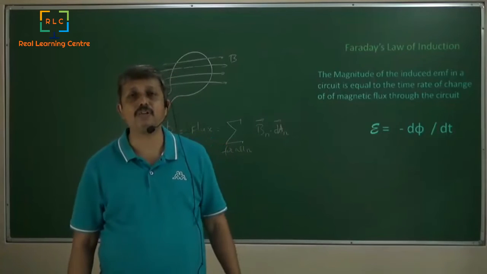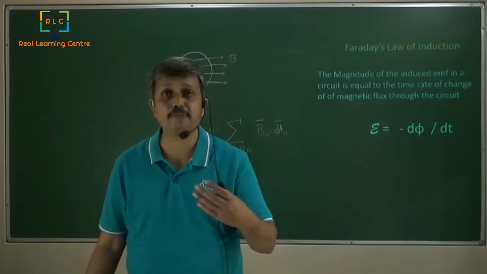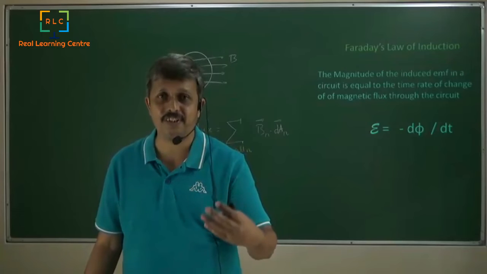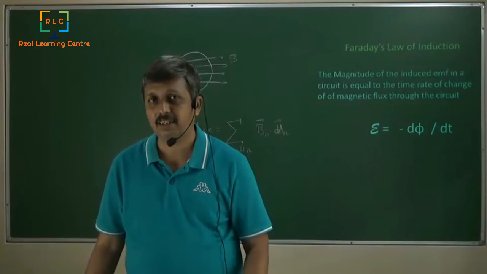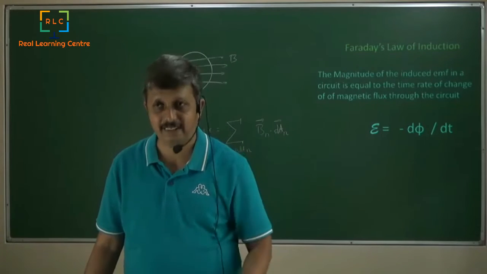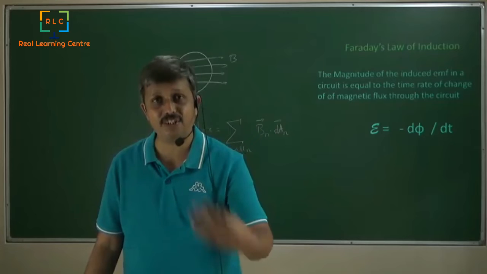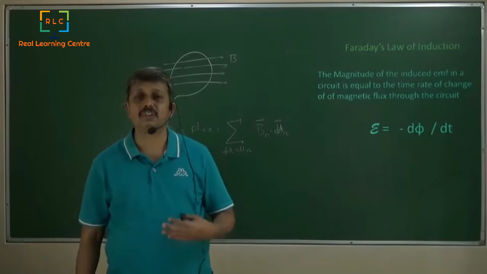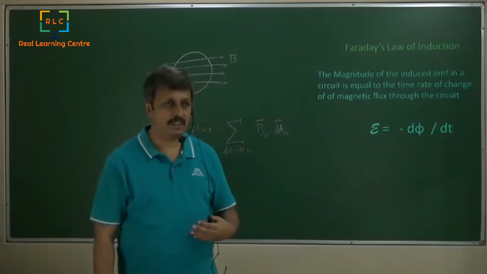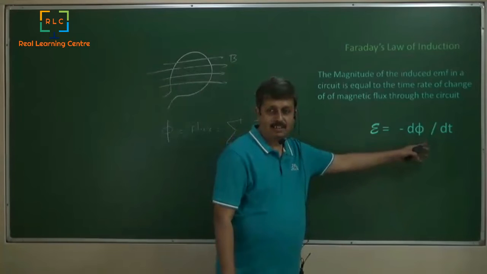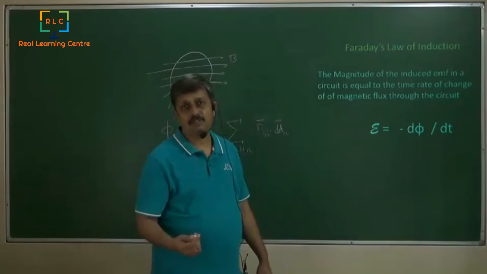Rate of change of position is velocity, and rate of change of velocity is acceleration. Whenever we talk about rate of change of something, we use differentiation. So here d phi by dt means rate of change of flux.